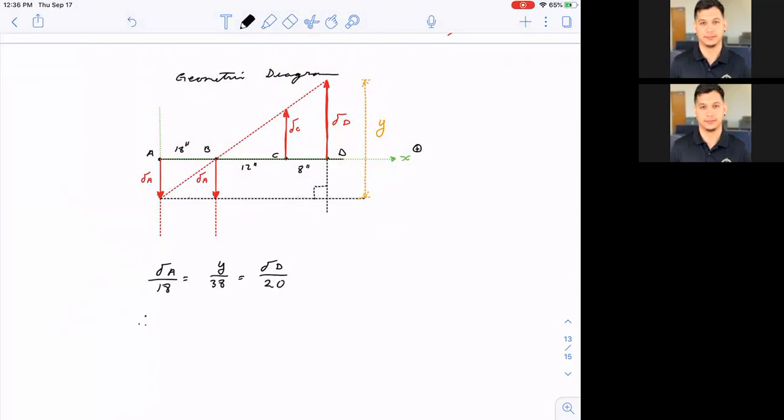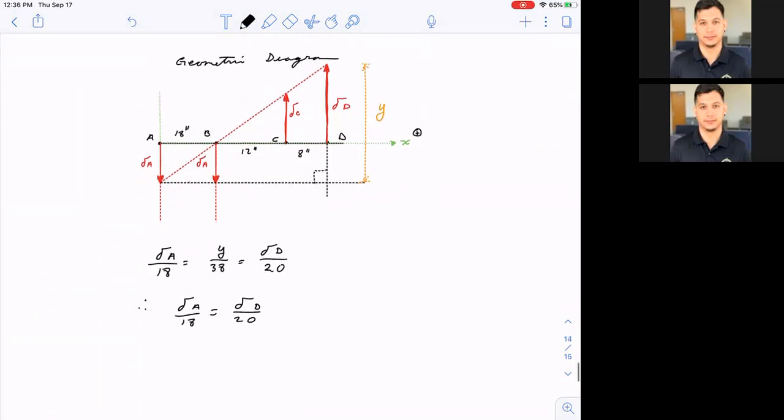So therefore, we can conclude that dA over 18 is equal to dD over 20. Okay. So the deflection at A is equal to the ratio 18 to 20 of the, I keep saying the different thing, deformation, sorry, deformation at D. So the deformation at A is equal to 18 over 20 of the deformation at D.